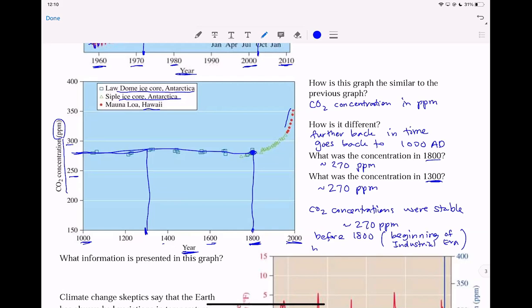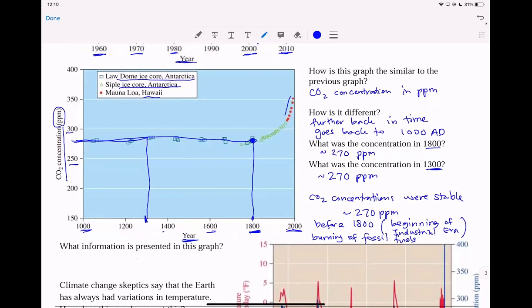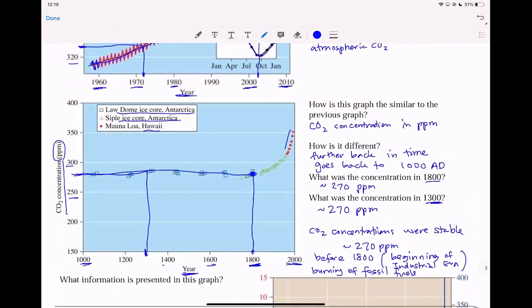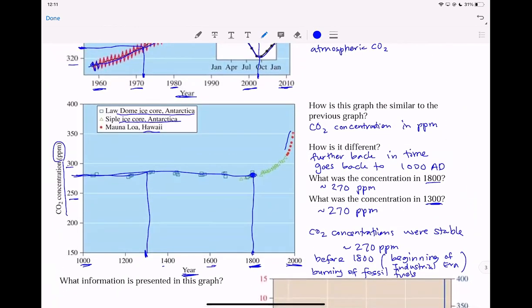And so the burning of fossil fuels, we already saw, has an effect on the carbon cycle. It's putting carbon dioxide in the atmosphere that was not necessarily meant to be put in the atmosphere and does not have a natural removal process. Okay, so this gets us to what skeptics said: that goes 1,000 years back, we don't know what was happening more than that, maybe it's just a fluctuation.